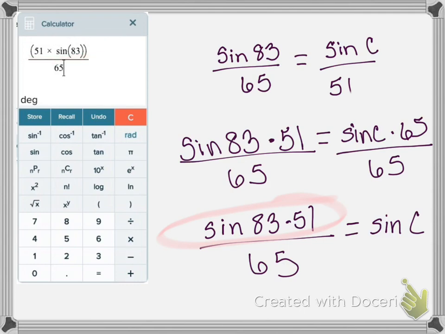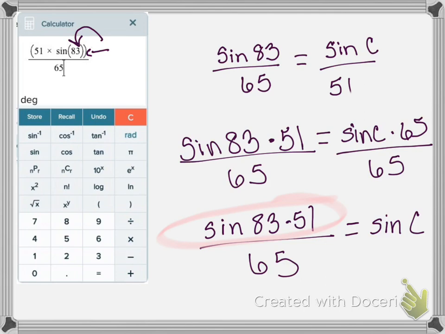I just want to point out here, we have a parenthesis that closes the angle measurement for the sine, and then this parenthesis closes the numerator. So you do have a double parenthesis right there. So be careful with that. And then I'm dividing that by 65.